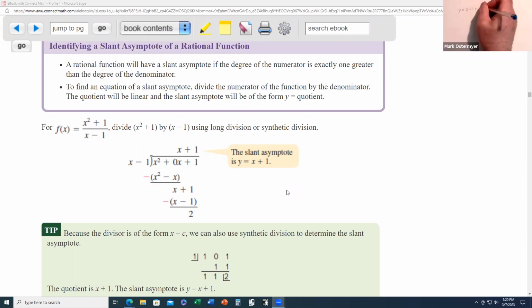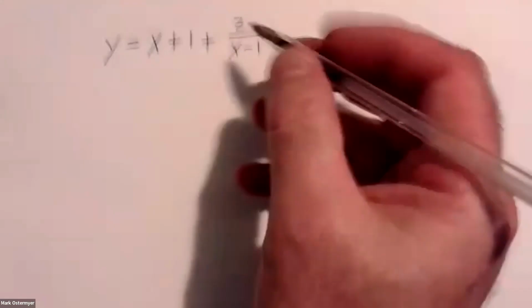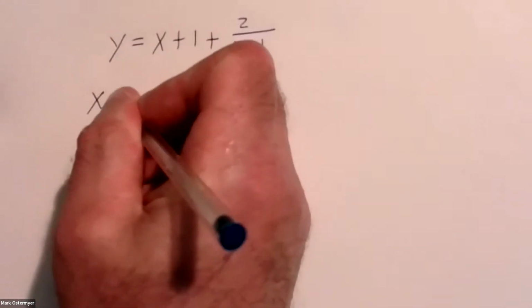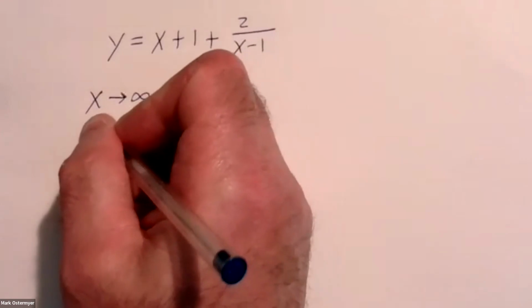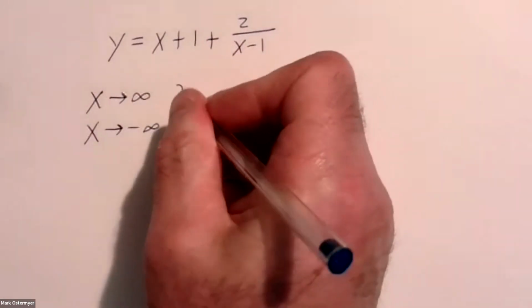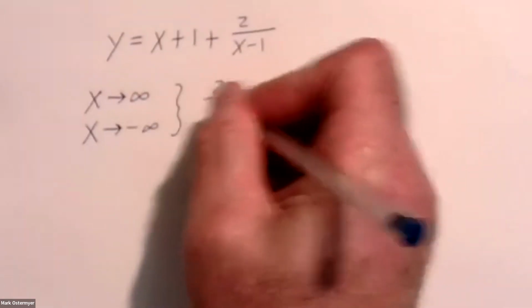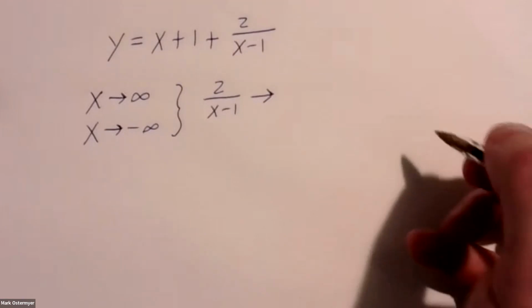And the reason why we don't care about the remainder portion of the quotient is because of this. Because, ladies and gentlemen, as x becomes very large, or as x becomes very small, doesn't matter in both cases, you know what's going to happen to 2 over x minus 1? It's going to get closer and closer to what value?